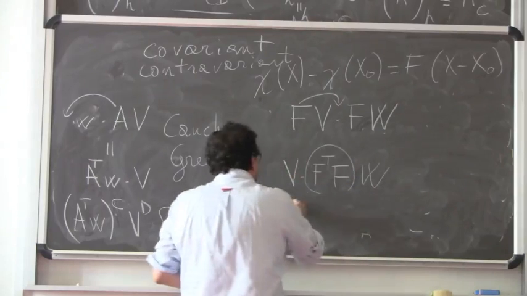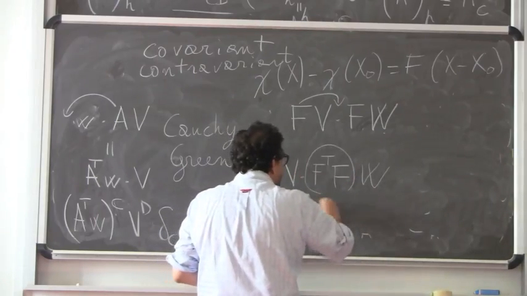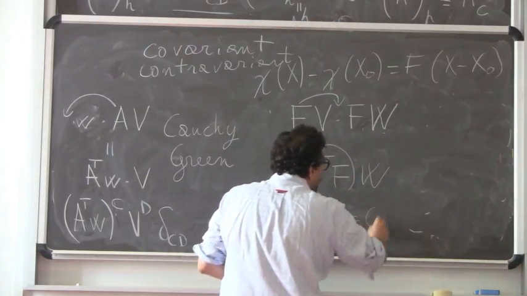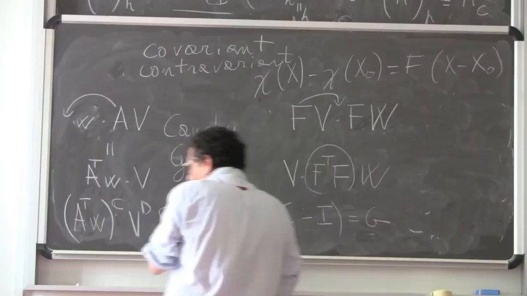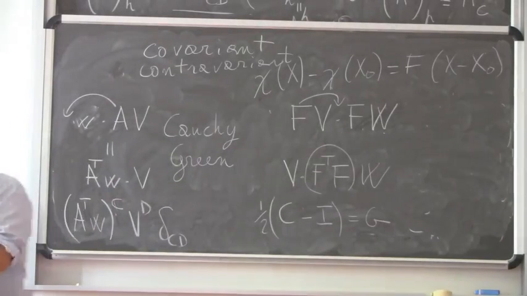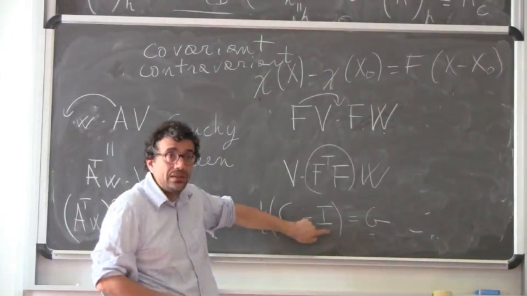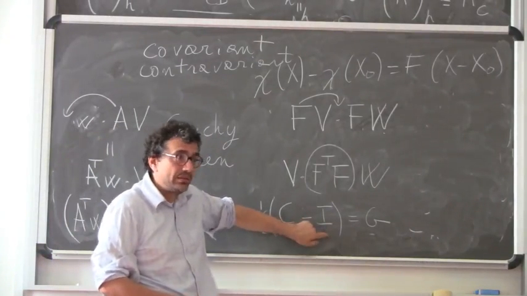So, C minus identity, 1/2, we have called the deformation tensor. This identity, how do you write this identity?